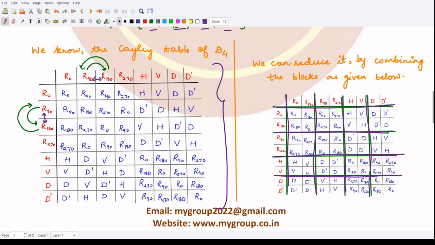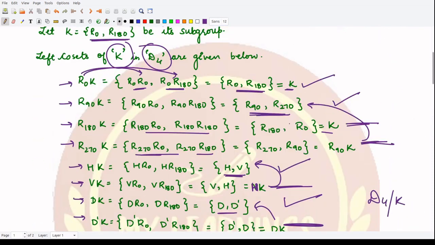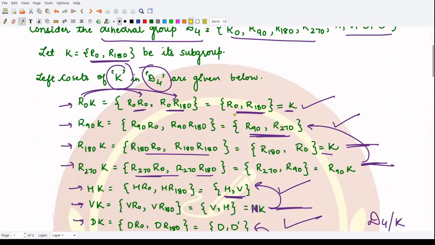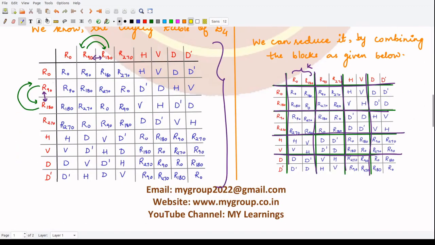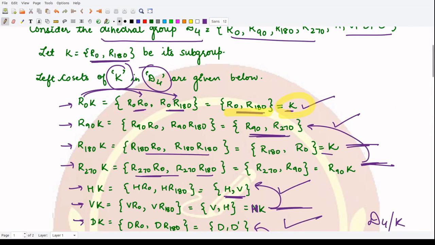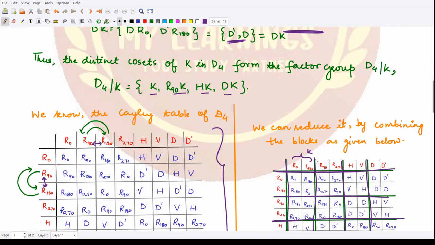So you can do this. Once you have divided it into different blocks, you see what this is: R0, R180 was your K, correct? And what was R90, R270? R90, R270 was your R90K, so you can write this as R90K.